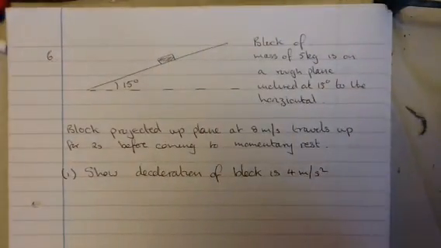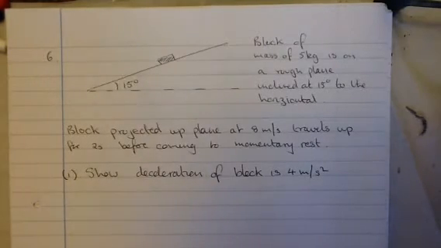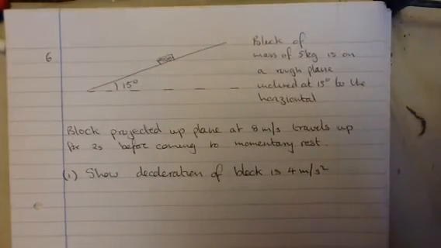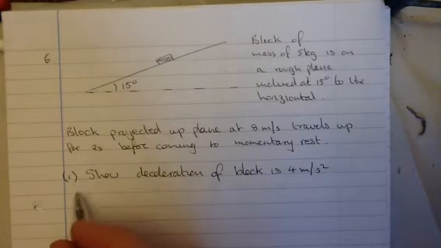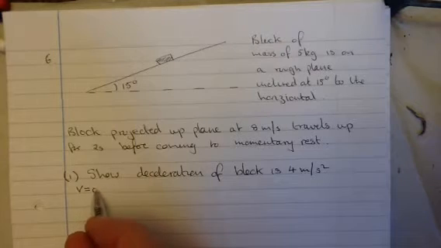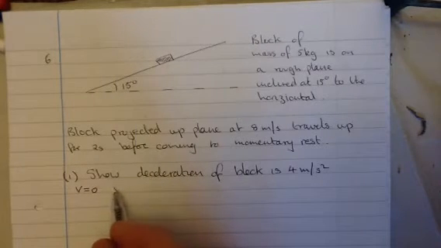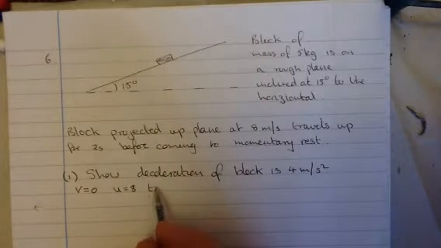Okay, so because we have uniform acceleration, we can use the equation of uniform acceleration. So we can say that its final velocity is 0, its initial velocity was 8, it takes 2 seconds.